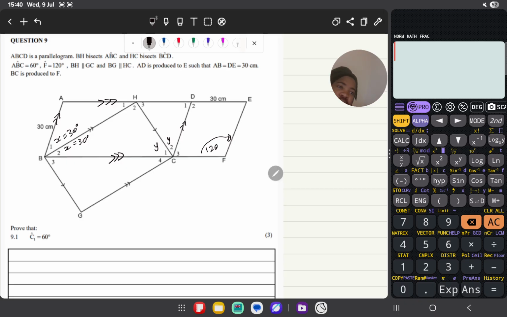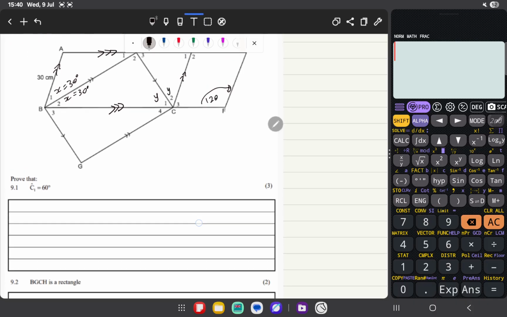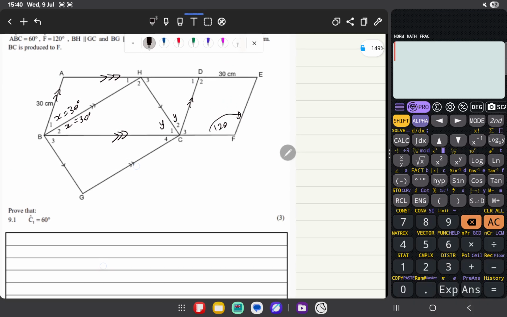I will say that AB is parallel to DC, right? Opposite sides of a parallelogram.